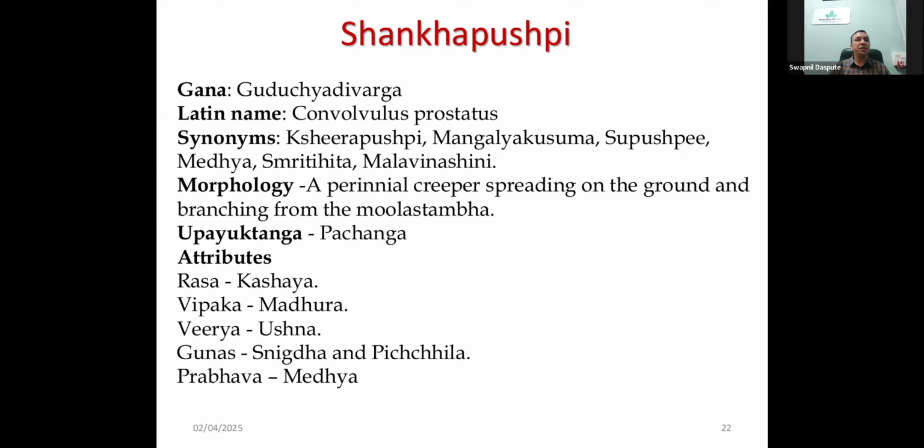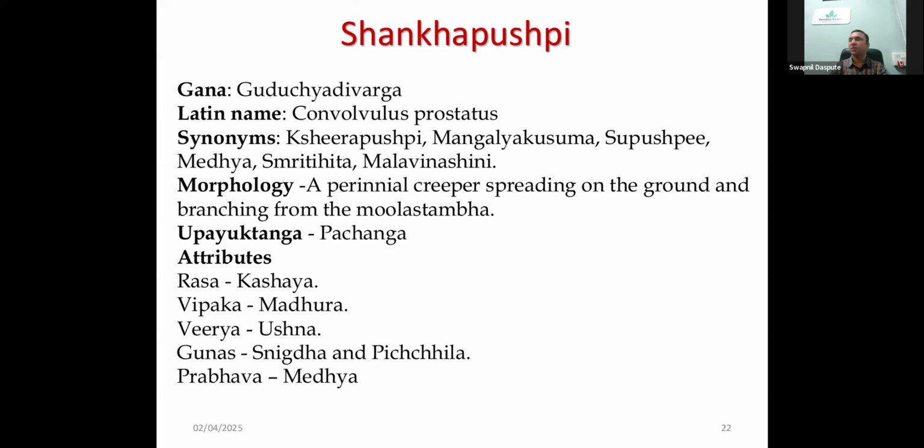Attributes wise, Rasa is Kashaya, Vipaka is Madhura, Virya is Ushna. Kashaya, Madhura, Ushna. A very different combination, difficult to find such a combination. Kashaya Rasa, Madhura Vipaka and Ushna Virya. Gunas: Snigdha and Pichchila.